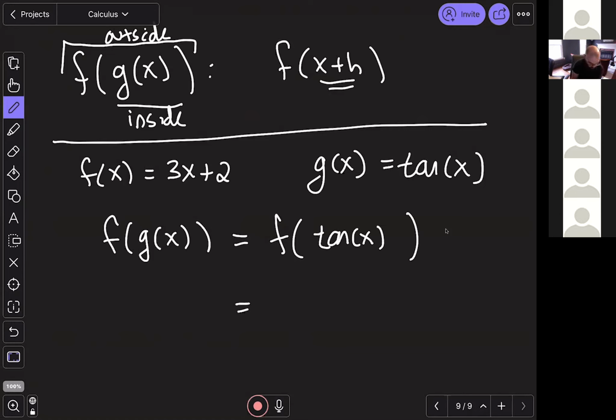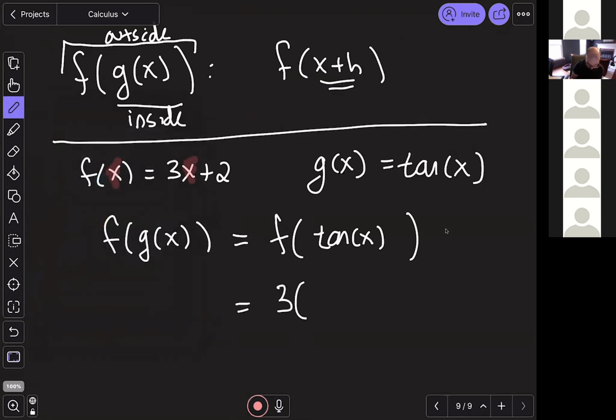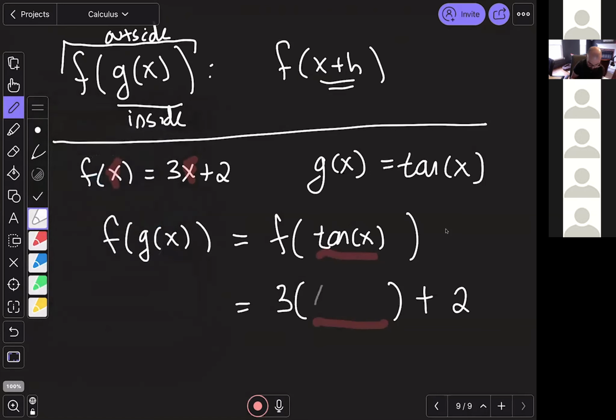And so what we're going to do is if we come over here, every time we had an x, right, whatever our input was for f, we're going to replace that with our tangent function. So it looks something like this, right? We have 3 times something plus 2, and inside this spot right here, that's where our input is going to go. So this tangent has to go in here. Okay, so we would get 3 times tangent x plus 2.